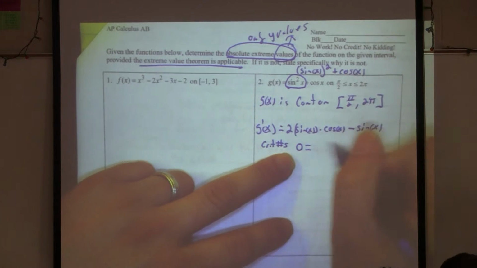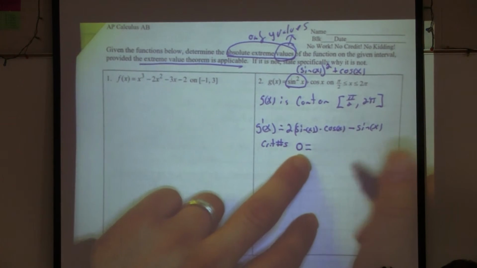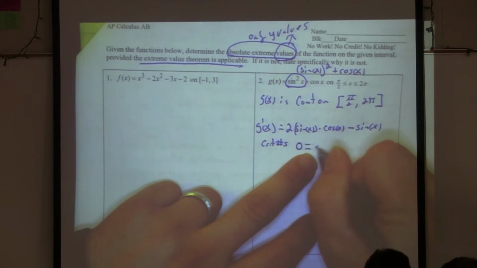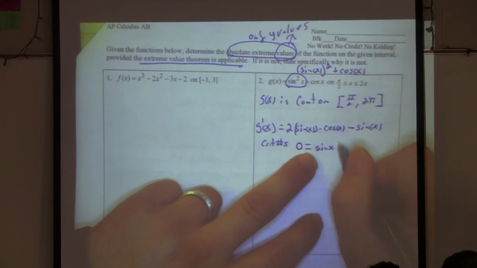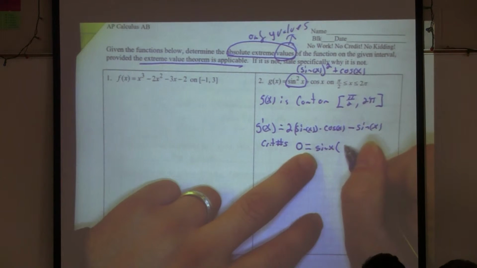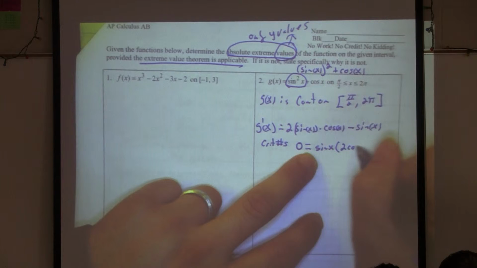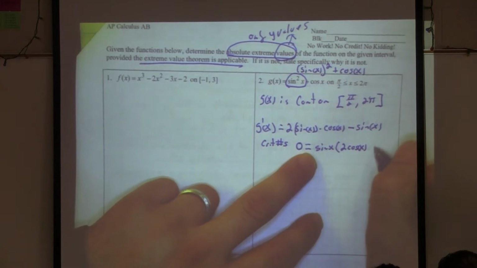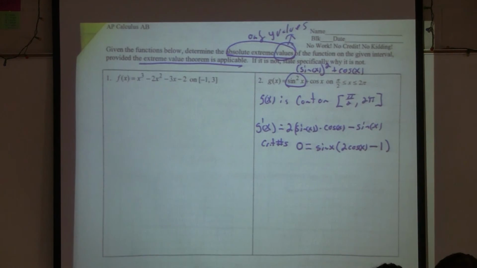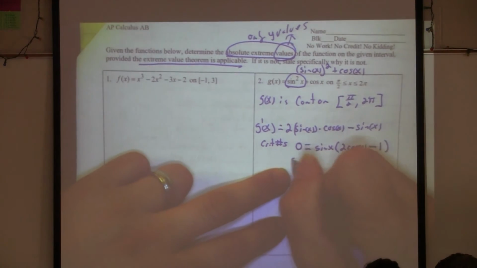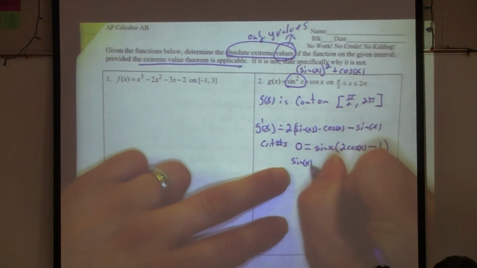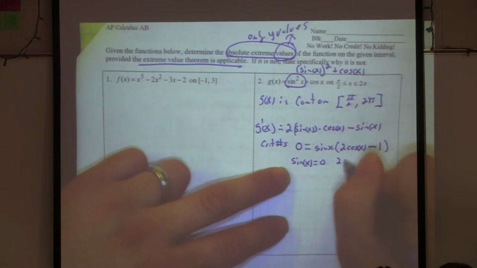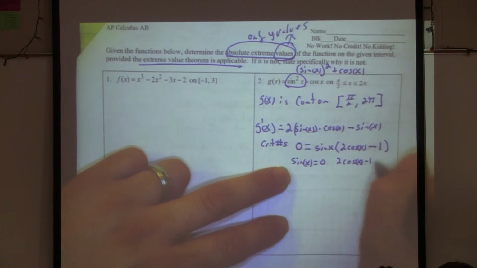So 0 equals, can we factor something there? What can we take out? Sine of x, and we're left with what? 2 cosine x minus 1. Okay, and then what do I do? Set each factor equal to 0. So where does sine of x equal 0, and where does 2 cosine x minus 1 equal 0?